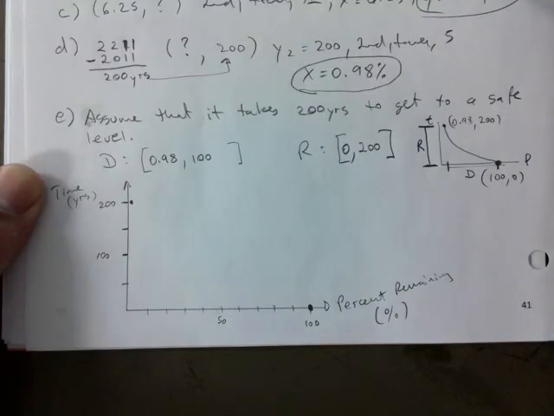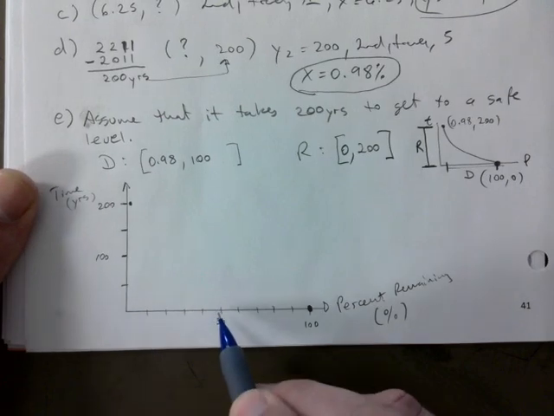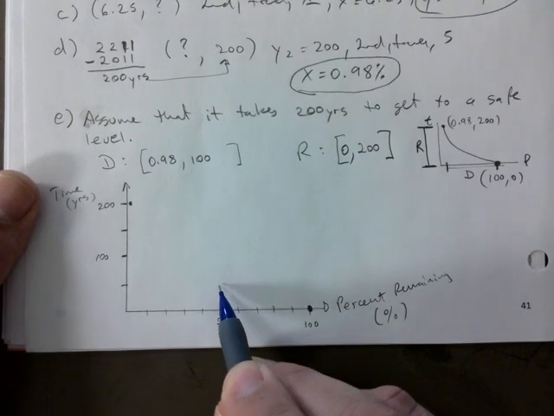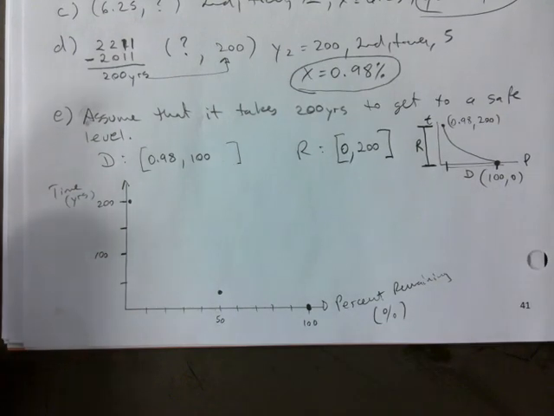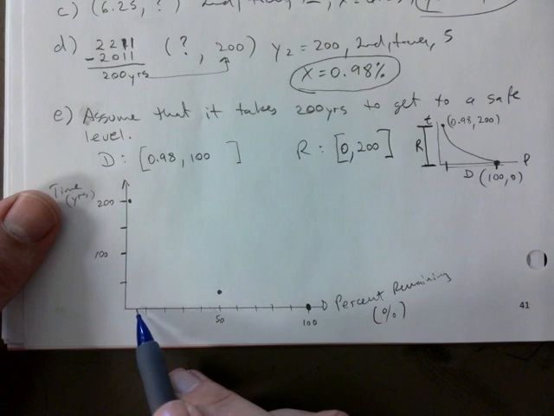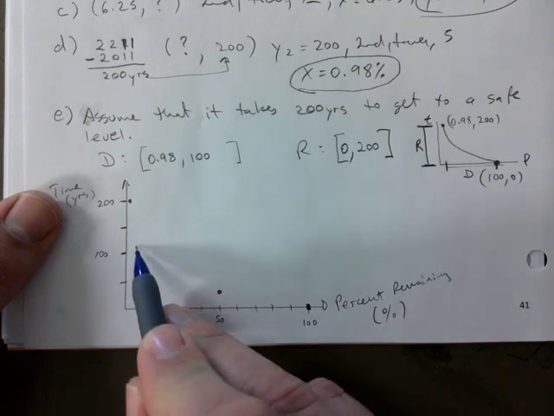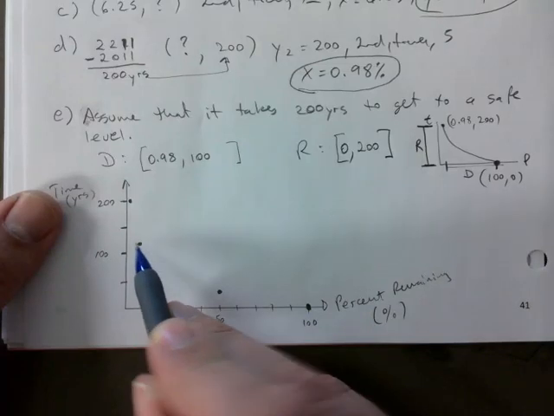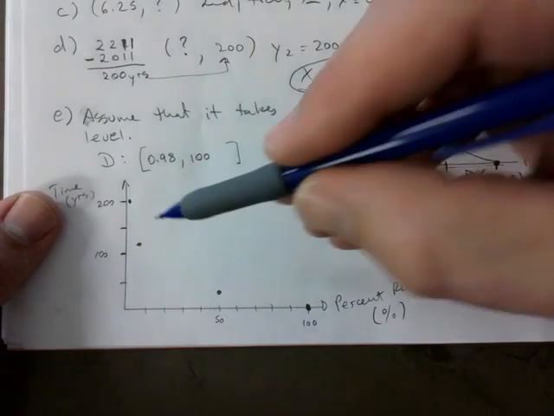And I have a couple points that I can use. Watch up here, 30. When it's 50%, I'm at 30. So this is my 50 line. So I'm just going to go 30 right there. I think that's pretty good already. I also have 6.25. 6.25 is at 120 years. I'm just using previous answers that I already have.